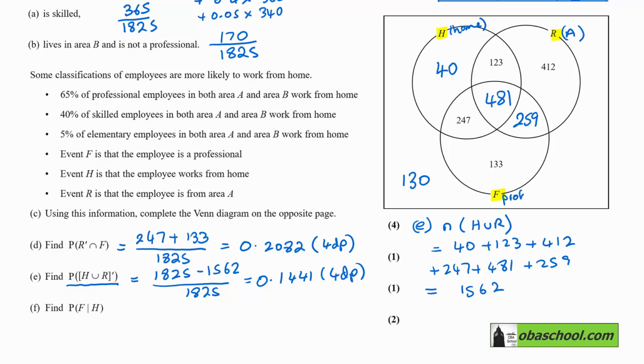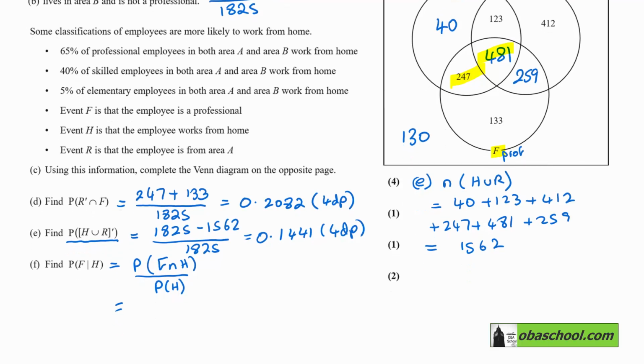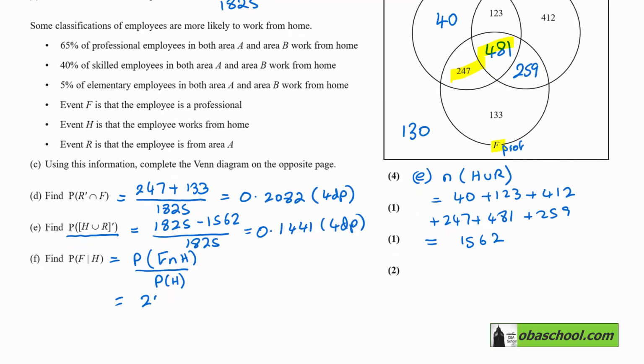Finally, we have the probability of F given H, which is going to be the probability of F and H divided by the probability of H. So F and H is going to be these values just here. So that is going to be 247 and 481, and we need to divide that by the number of things in H in total.